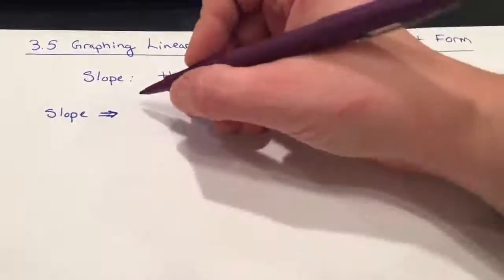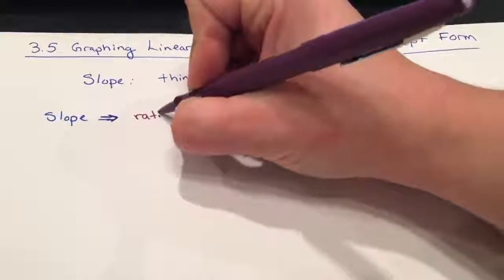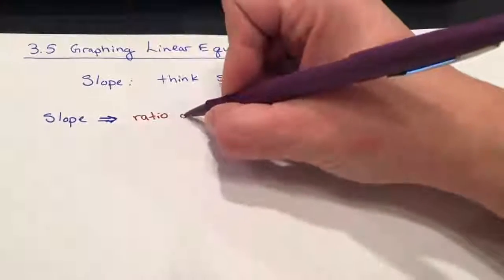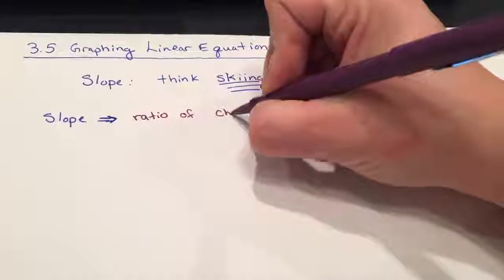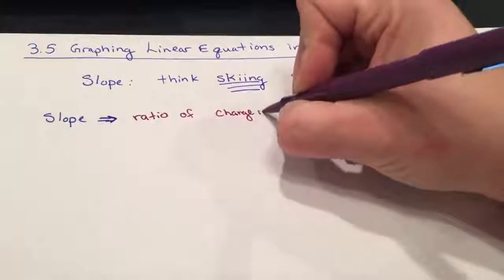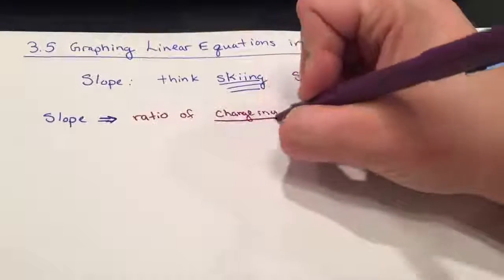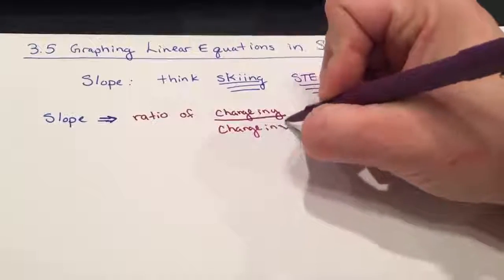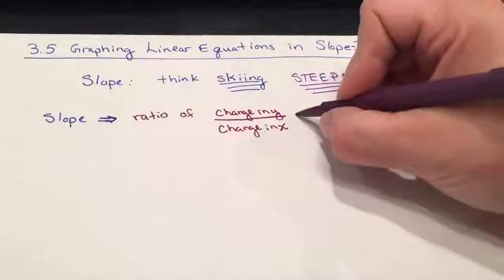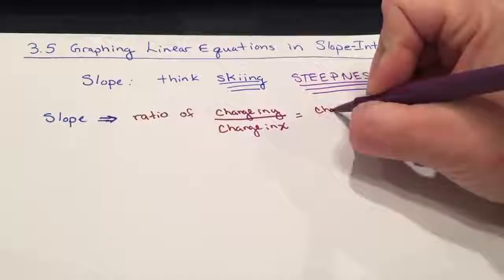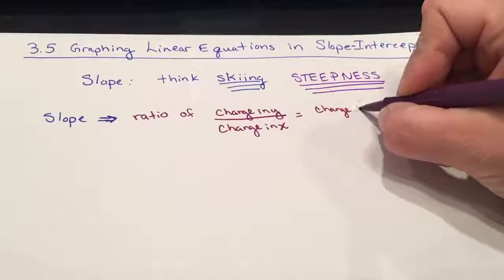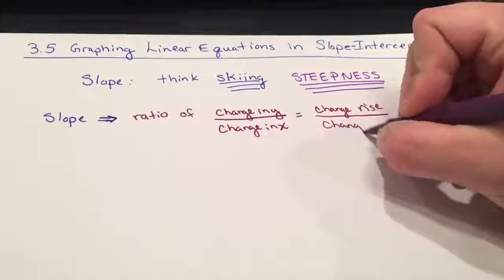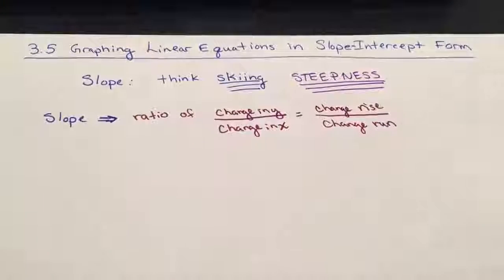So slope is a ratio of the rise over the run, of change in the y values over the change in the x values. It's also known as the change in the rise over the change in the run.